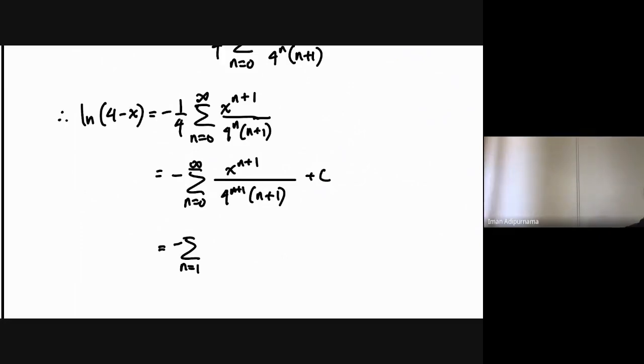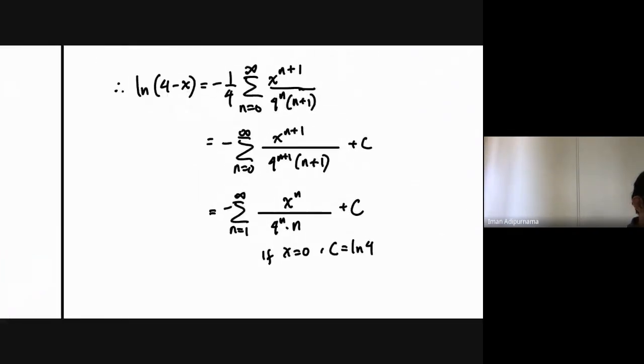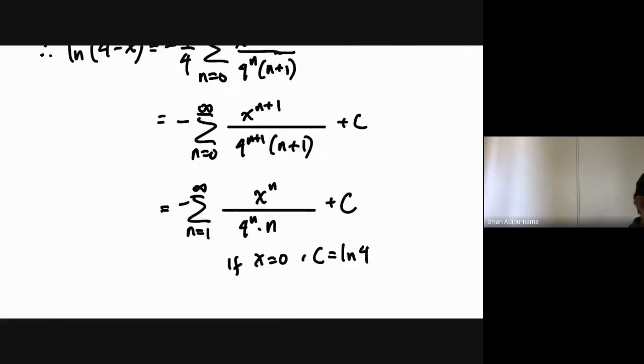So we can start from 1 instead of 0 to remove the n+1. So x to the power of n over 4^n times n. And they still have plus c. If x is 0, we get c is ln 4, right? From here. If x is 0, it's ln 4.